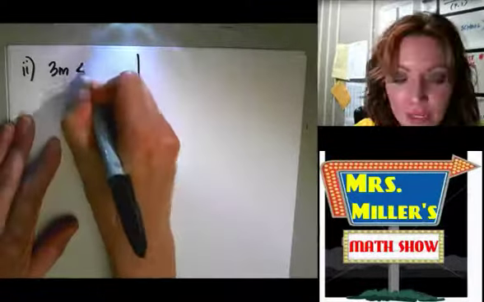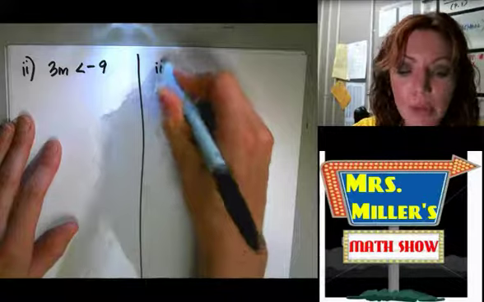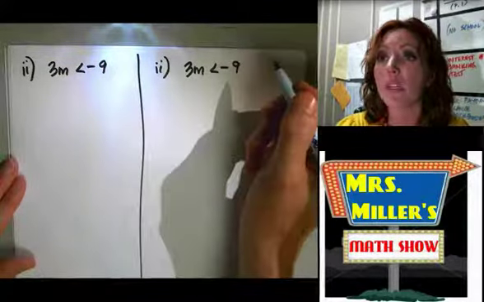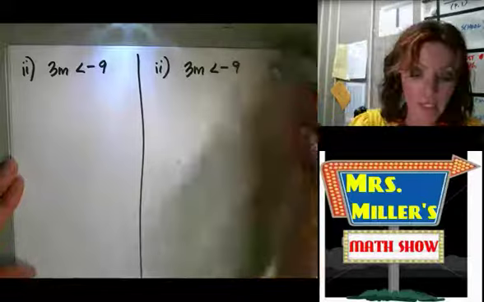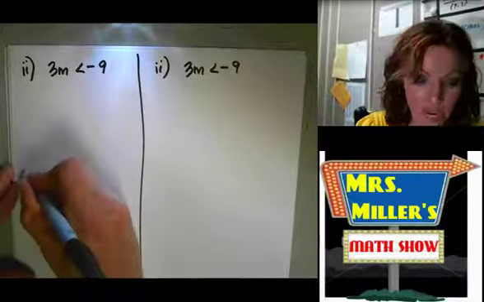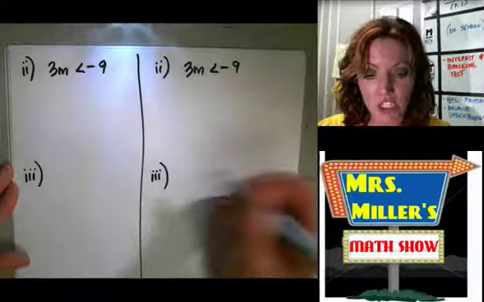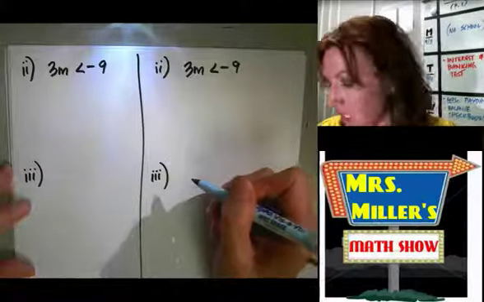Okay, 3m is less than negative 9. I'm going to put a few of these up here and give you a little bit to work them out. If you would like to come up and show everybody how to do them, you are welcome to do that. Are we still graphing? Yes, we are still graphing. So you need number lines for all of these.